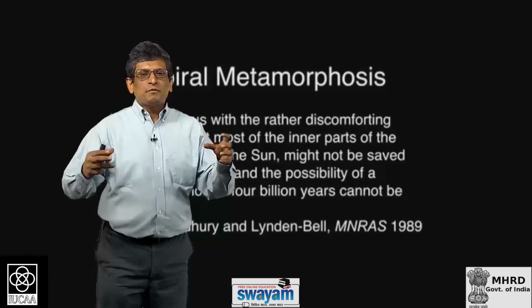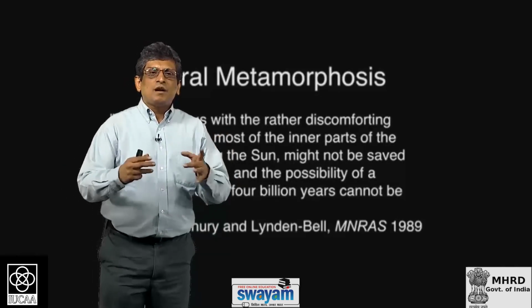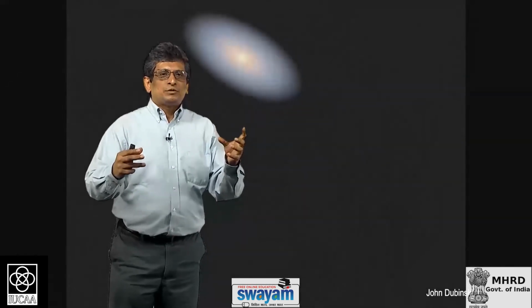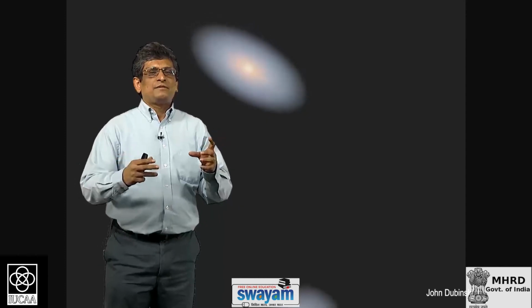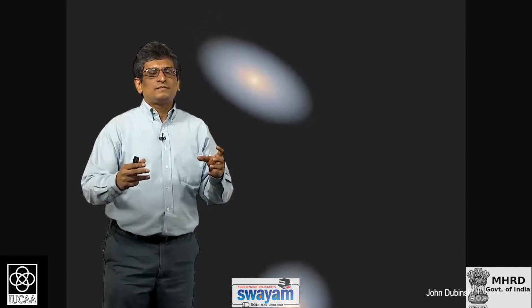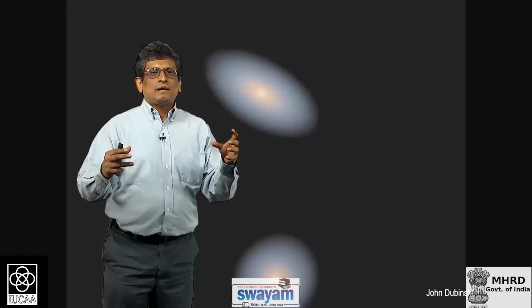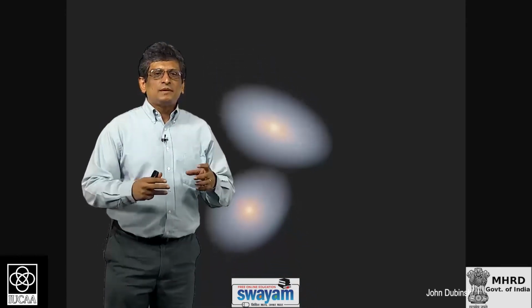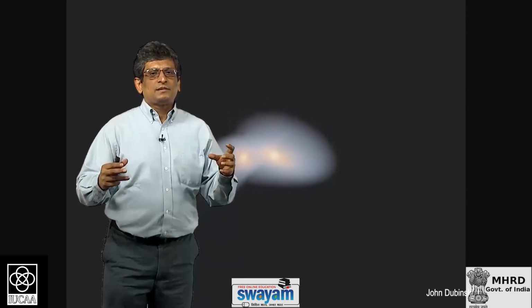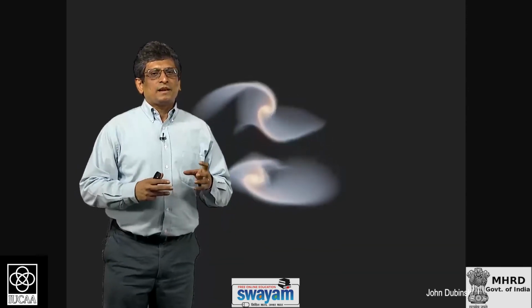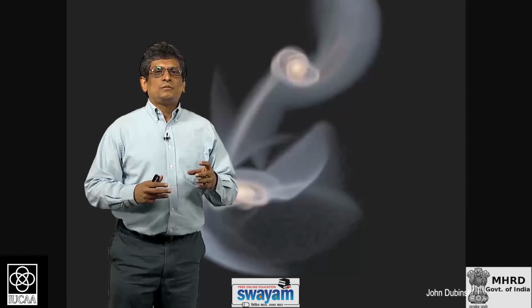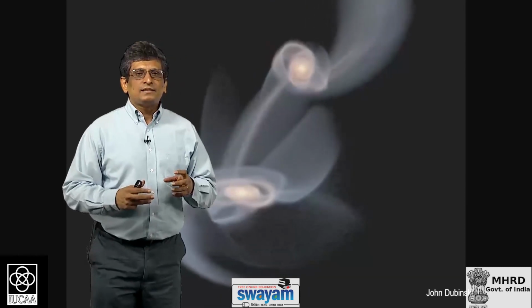Now, as I said before, when the two galaxies merge, the stars will not collide with each other, and so our Sun might be saved from being merged with another star, but there will be significant tidal stress on every solar system, and the planets and the stars might be affected in a big way. Here you can see what will happen to the two galaxies, which started off as disk galaxies.